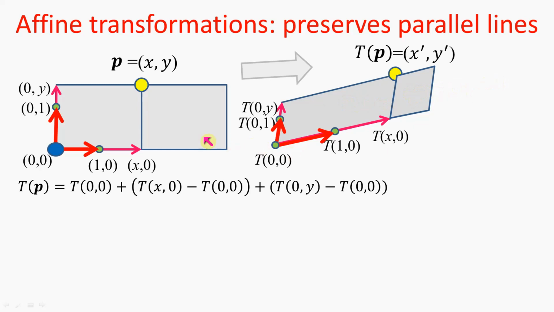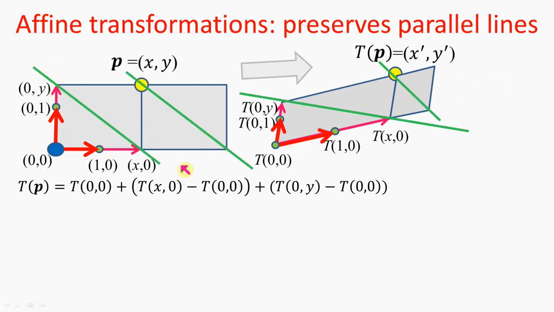To answer this question, let us consider the diagonals of the two rectangles. In the original setting, these green diagonals are parallel with each other. According to the definition of affine transformations, these lines must also be parallel after the transformation. But if the two parallelograms have different sizes, this would not be the case. So this cannot happen.